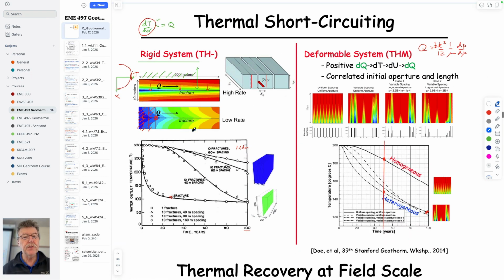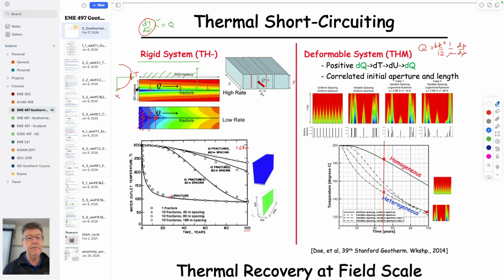And the geometry of what that looks like in terms of thermal drawdown is that you're depleting at the injection well all of the heat you can, and the water's carrying that heat to the production well. And so near the production well, the reservoir is still hot.